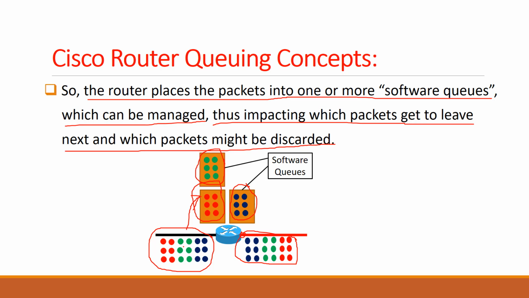The blue, green, red became red, green, blue. This is because of the quality of service configured, the queuing. The red packets exited first, the green second, the blue third, even if the blue packets came first.